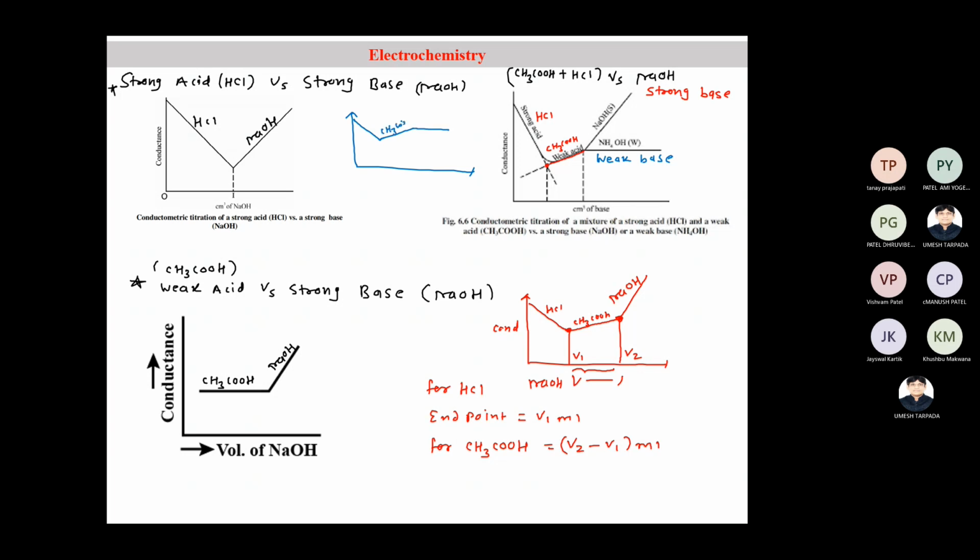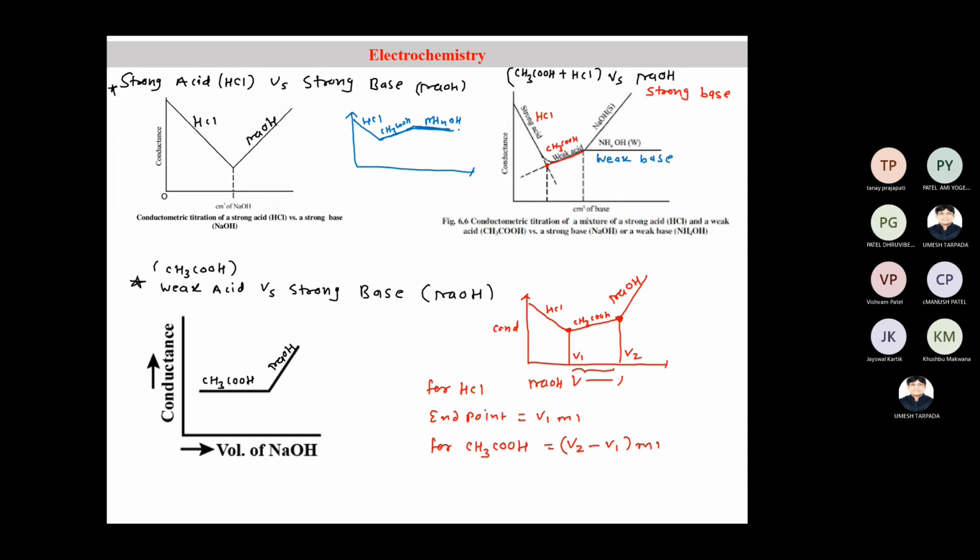Acetic acid, NH4OH, and this is HCl. Until acetic acid is neutralized there is a slight increase, and then it remains constant. It becomes steady. So this is the plot of different types of titration.